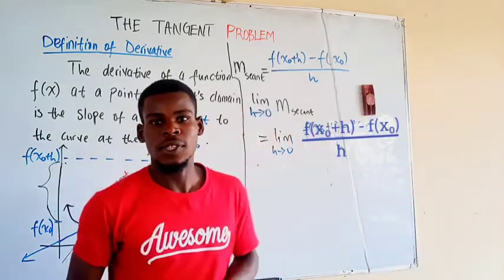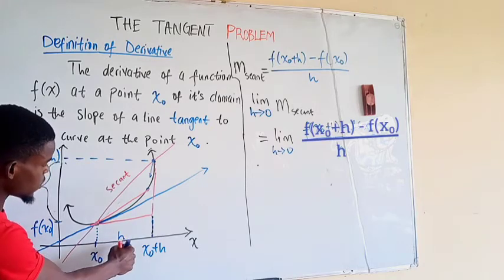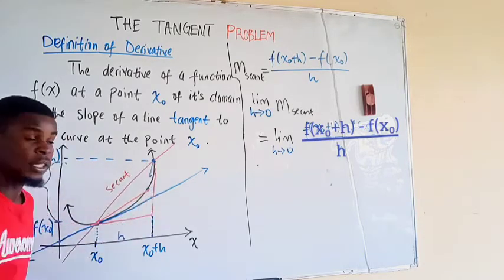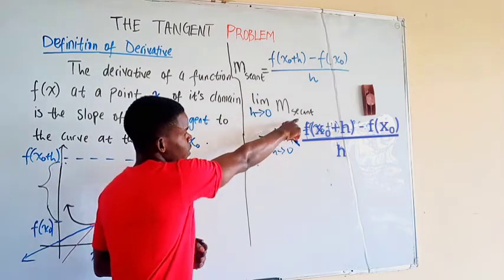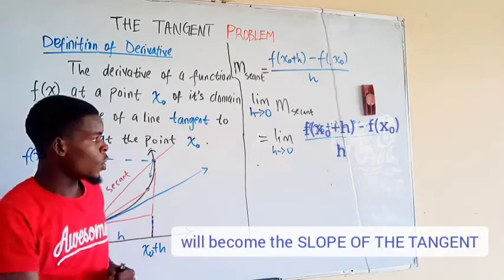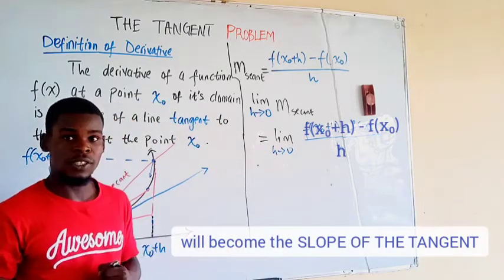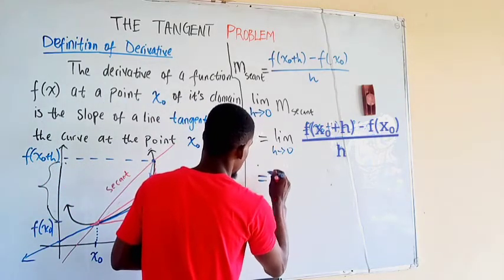Since we figured out that as the horizontal distance tends to 0, the secant line will approach the tangent line, then the limit of the slope of the secant as h tends to 0 will become the slope of the tangent. So this right here is the slope of the tangent as h tends to 0.